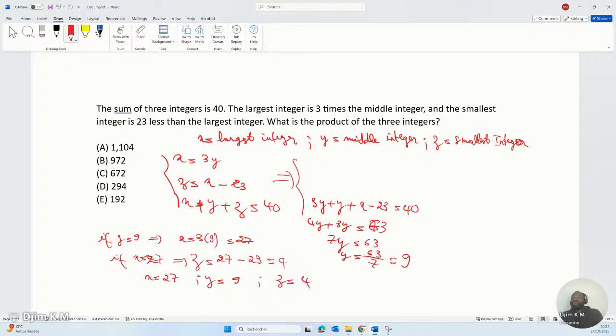So the question is to find the product of the three integers. The product will be x times y times z, which is 27 times 9 times 4, which is 27 times 36.